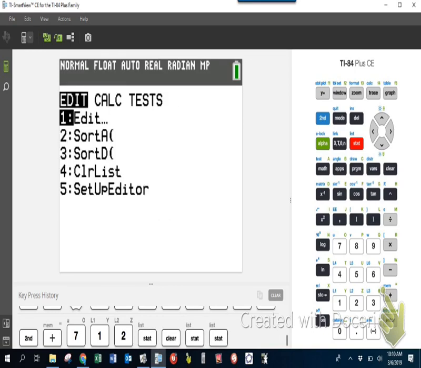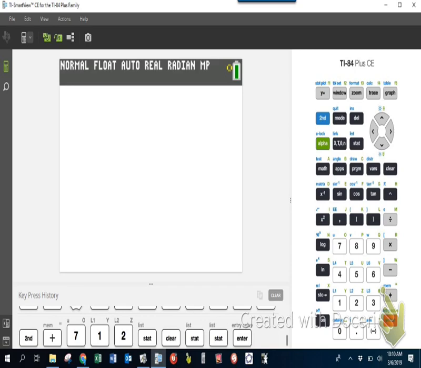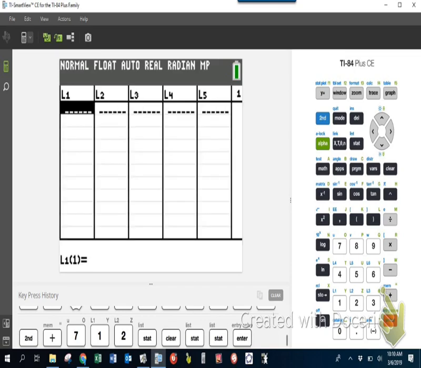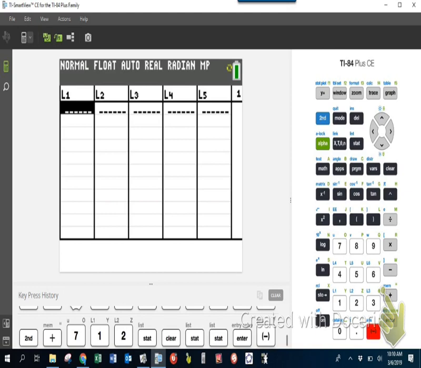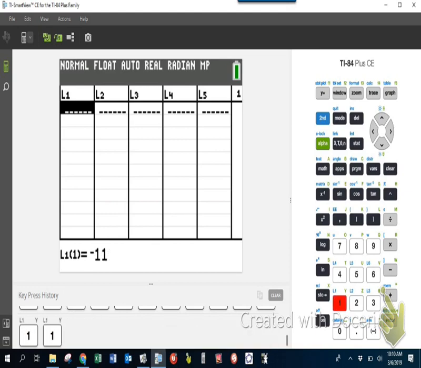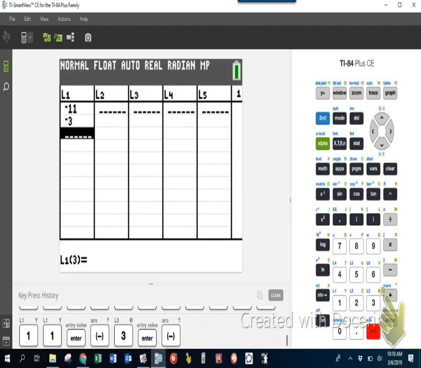So stat edit. And what I'm going to do is under list 1, I'm just going to type in my numbers. So I'm just going to use these in this order just because they're there. Hopefully I can remember them as I type them in. Negative 11, negative 3, negative 1, I think, and 0.